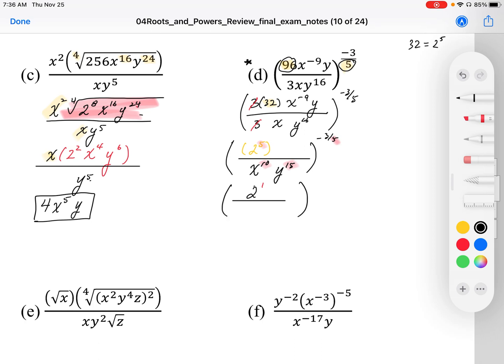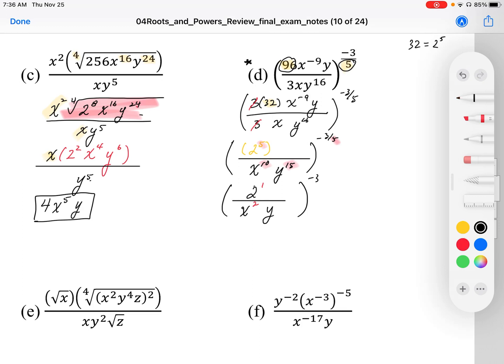I'm going to make sure that when I do that, I leave that negative 3 power on the outside. So I'm going to end up with 2 to the power 1. For x, that power 10 becomes, under the 5th root, power 2.